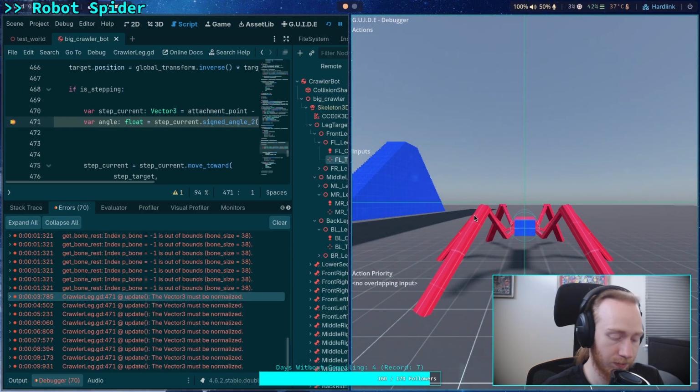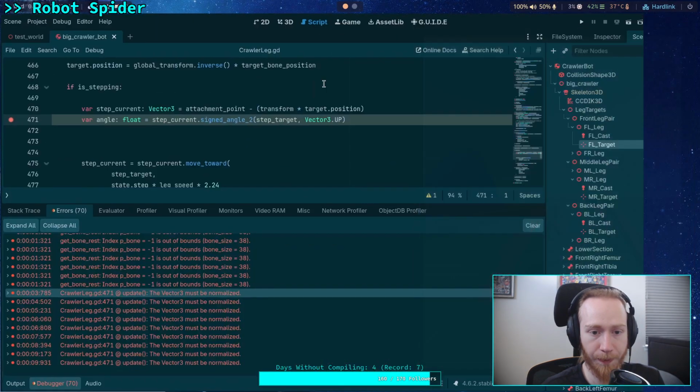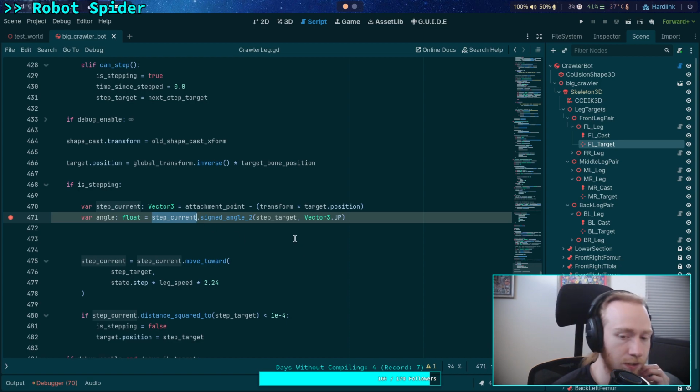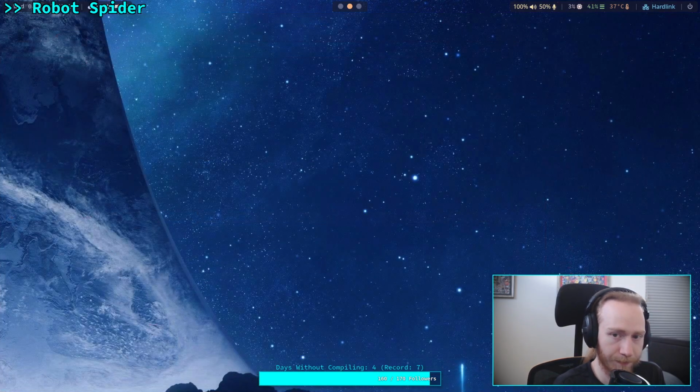Oh wait, both these vectors have to be normalized? Or does step target only have to be... What? Why do these have to be normalized? I don't know about that.